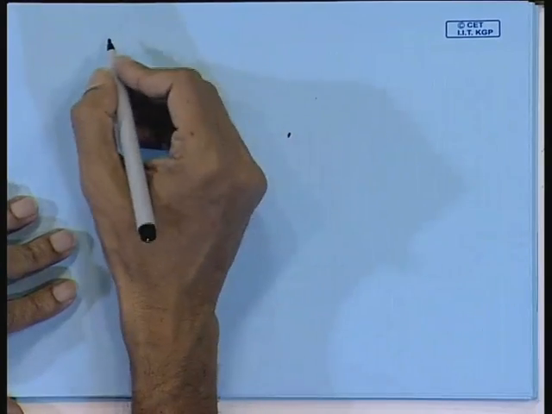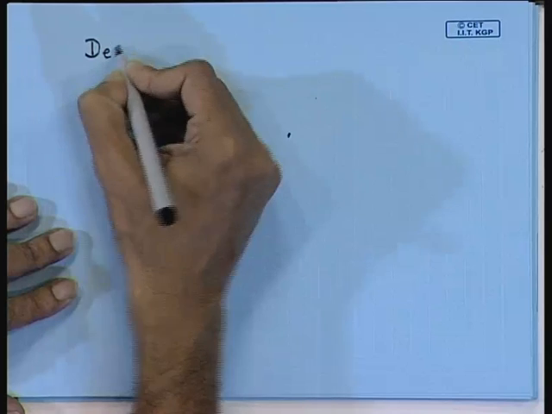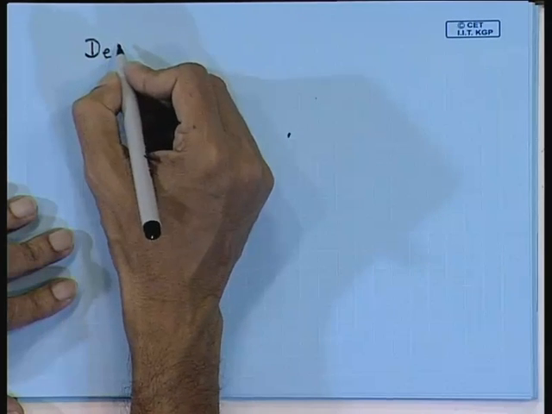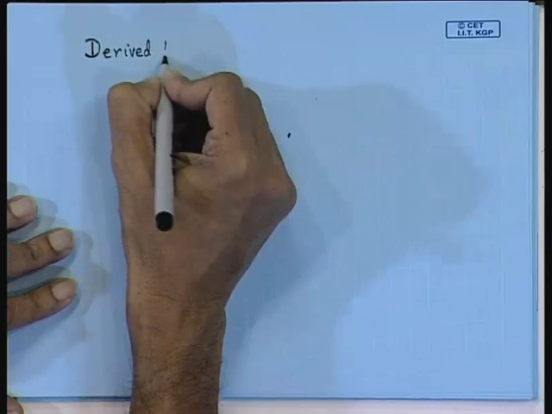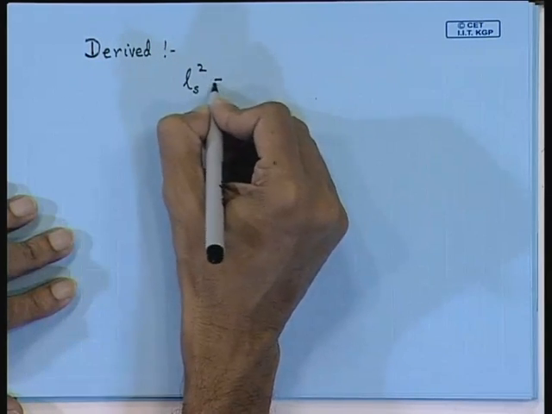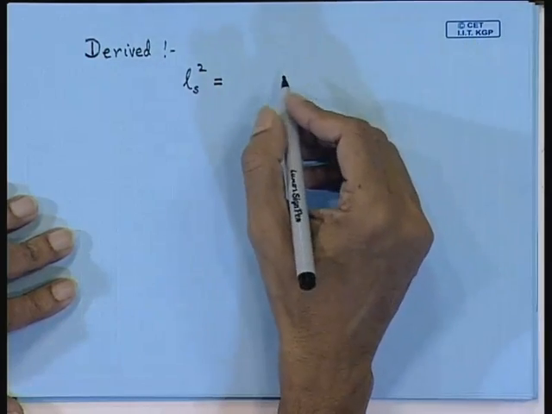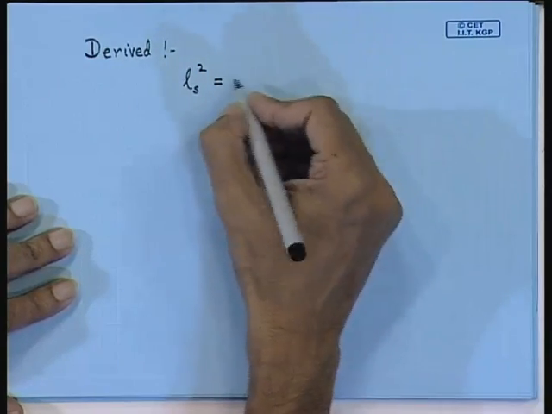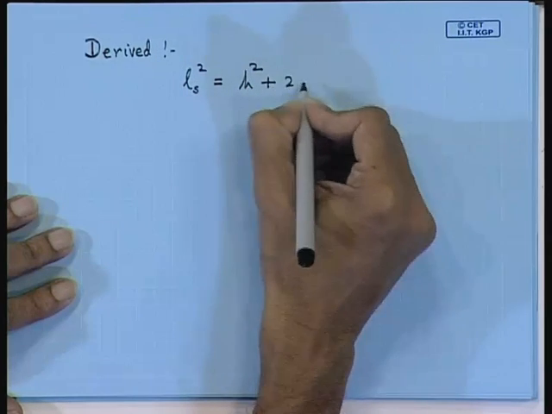These formulas have already been derived. If you look into your previous class notes, you have derived this expression, that is LS square. LS, mind you, is the length up to where the line becomes horizontal. So, this is h square plus twice into HA.